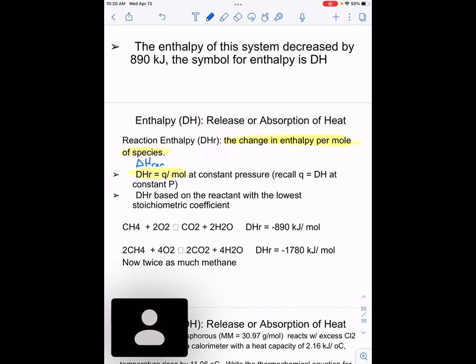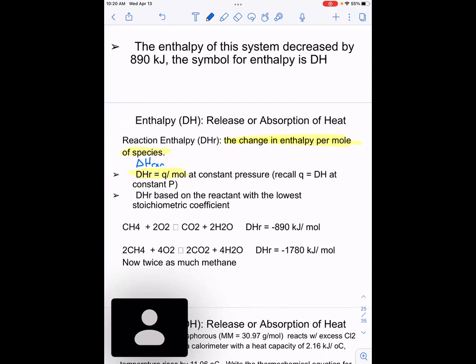Notice when we're calculating the delta H for a reaction, it's really calculating Q first and then calculating the number of moles. It is going to be based on, in most cases, the limiting reactant. All right, so we're going to base the delta H for the reaction on the limiting reactant.